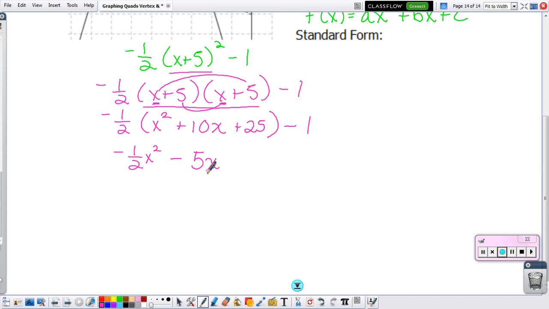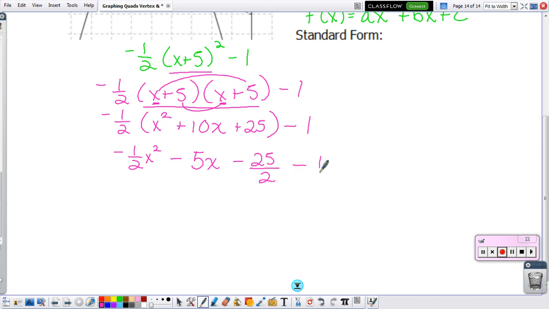And then you have a negative 1/2 times 25. That gives us a negative 25 halves. Make sure when you distribute the negative through that the x squared is negative, negative and a positive is a negative, negative and a positive is a negative.